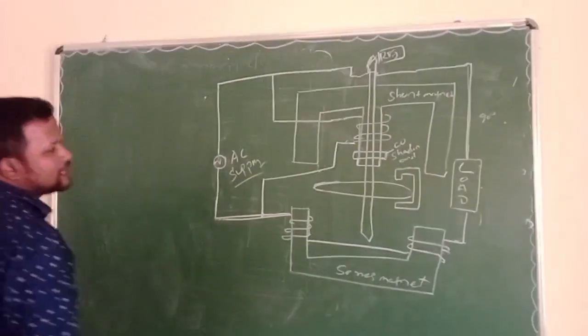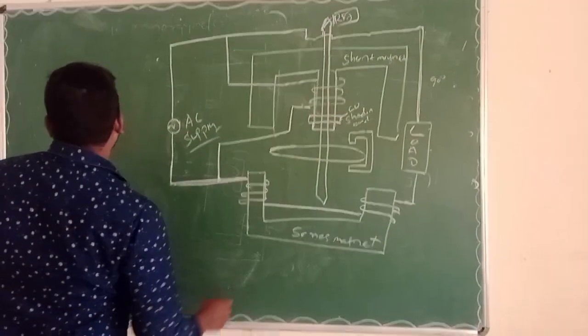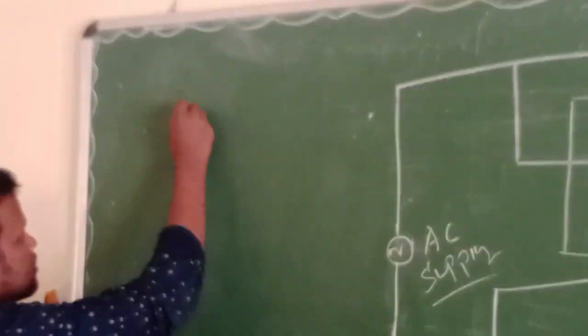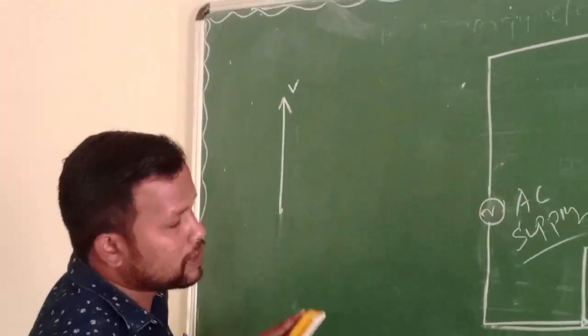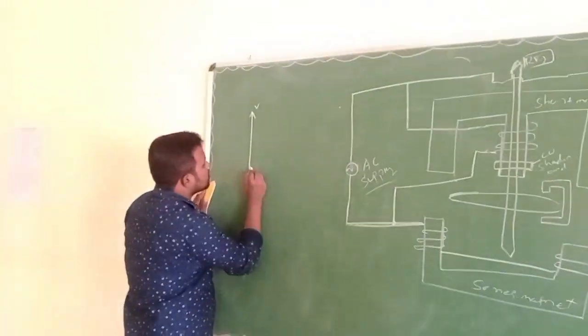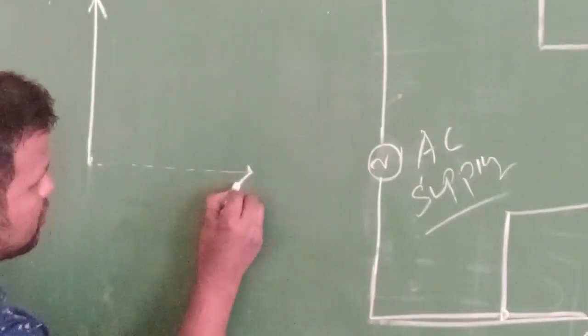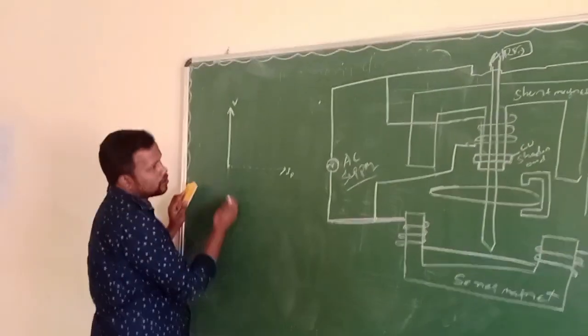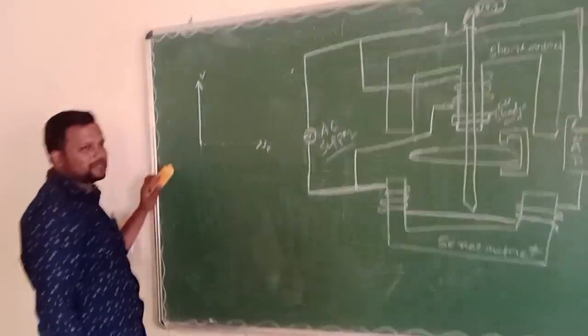First of all, it is an inductive circuit, the pressure coil. So we take a reference voltage source V, and the pressure coil current should lag behind the voltage, which should be 90 degrees in a purely or perfectly inductive circuit.